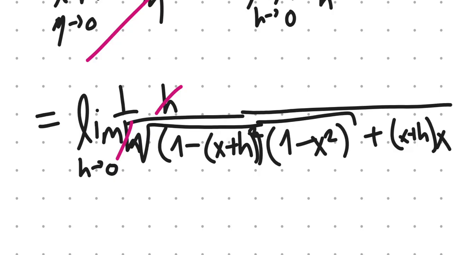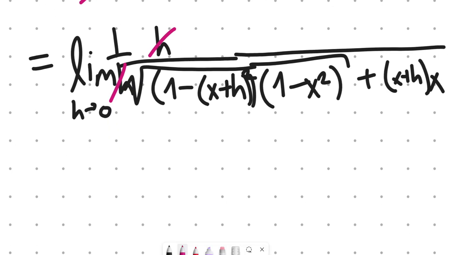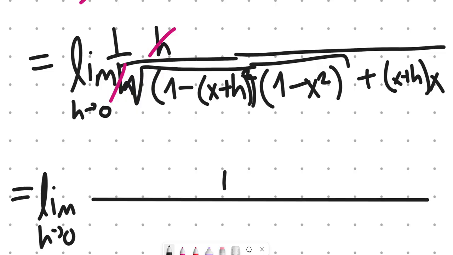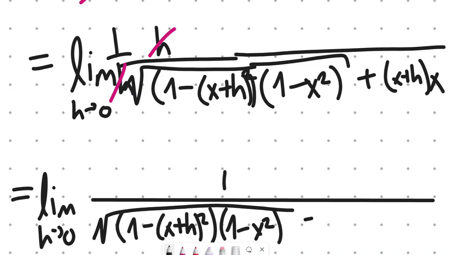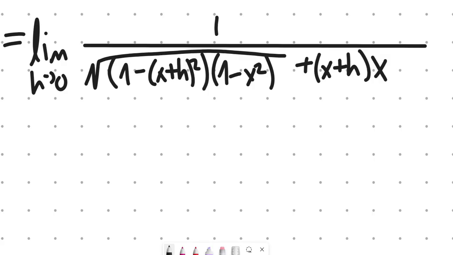So we are just left with the limit of this whole fraction. Let's write it down. It's just 1 over the square root of 1 minus x plus h square times 1 minus x square plus x plus h times x. Now let's just let h approach 0.